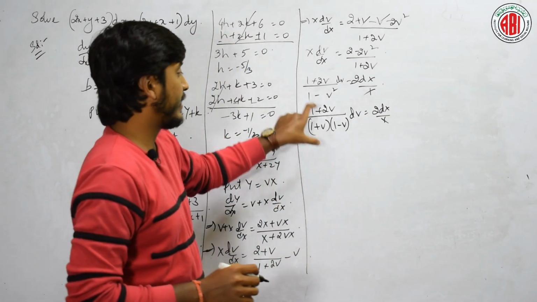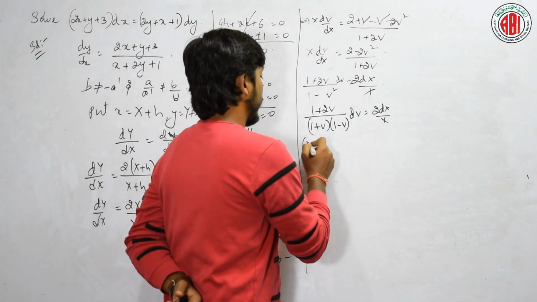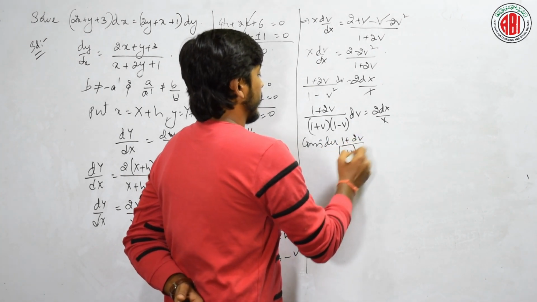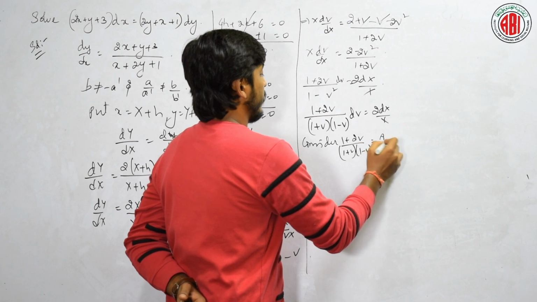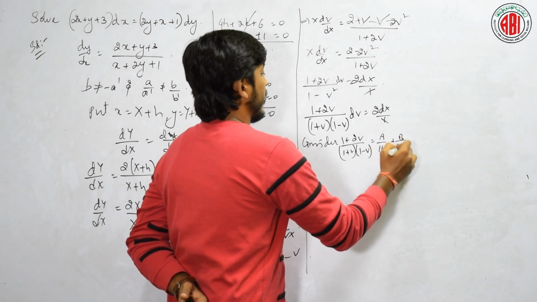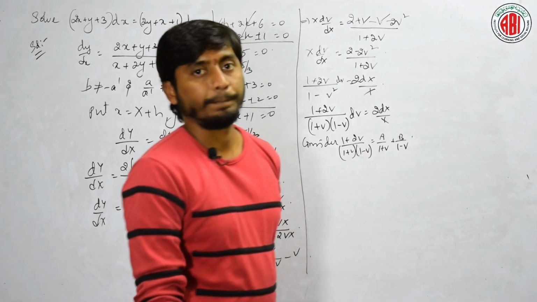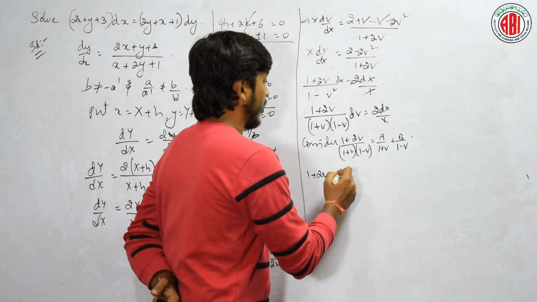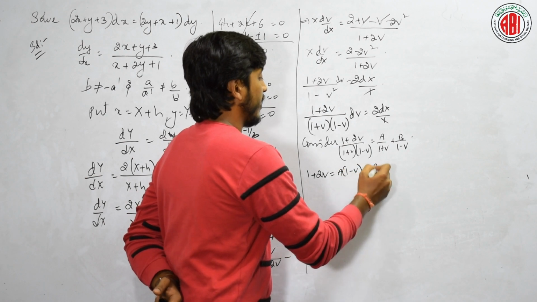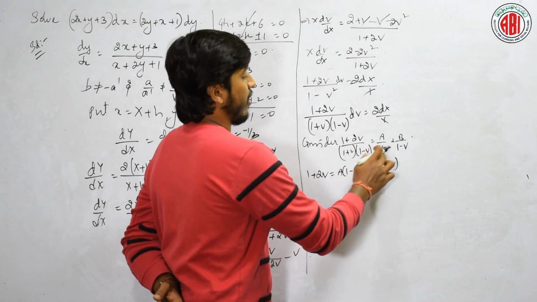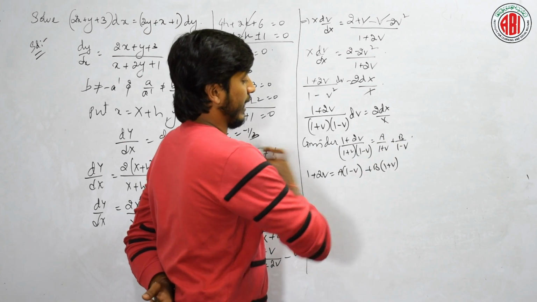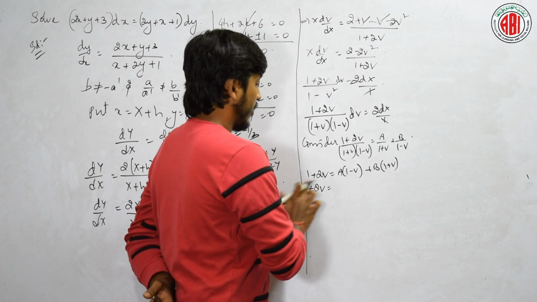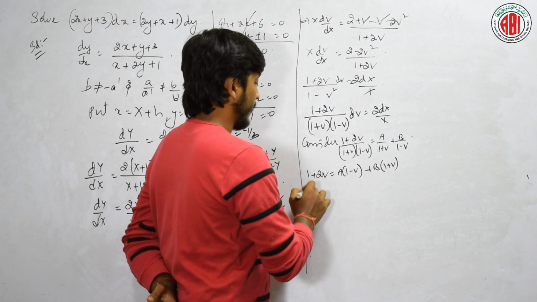Okay. Now let us just do partial fractions for this. Consider (1 plus 2v) by (1 plus v)(1 minus v) is equal to a by (1 plus v) plus b by (1 minus v). Now let us take LCM, so we get 1 plus 2v is equal to a into (1 minus v) plus b into (1 plus v). Or else let me directly put v equal to 1.